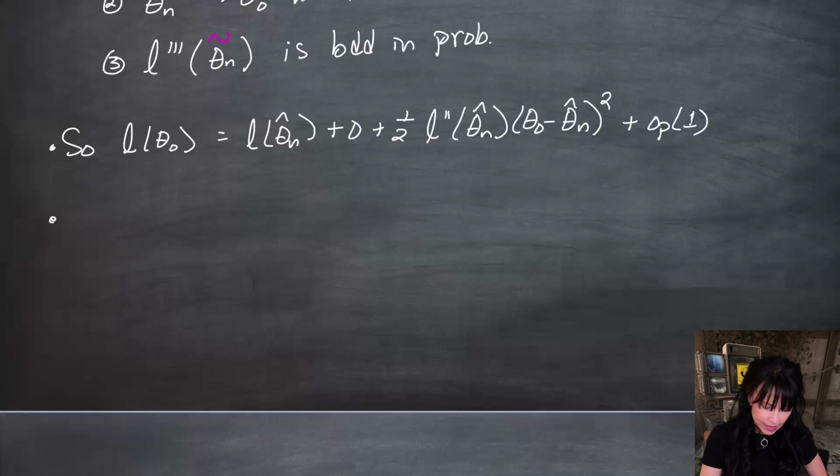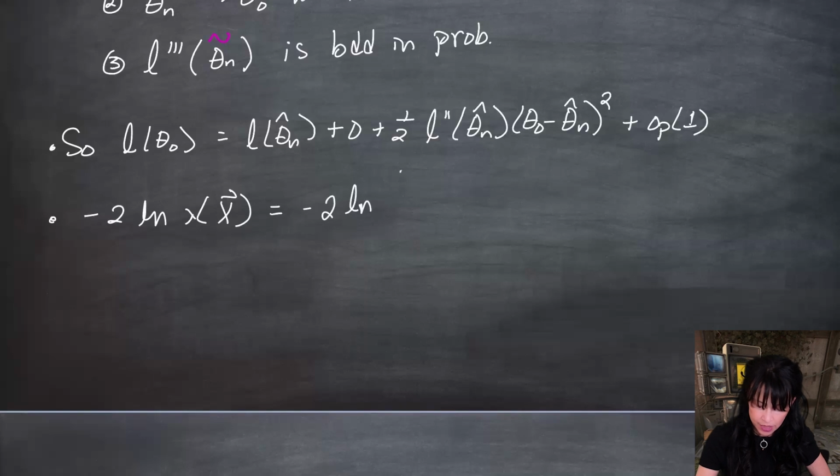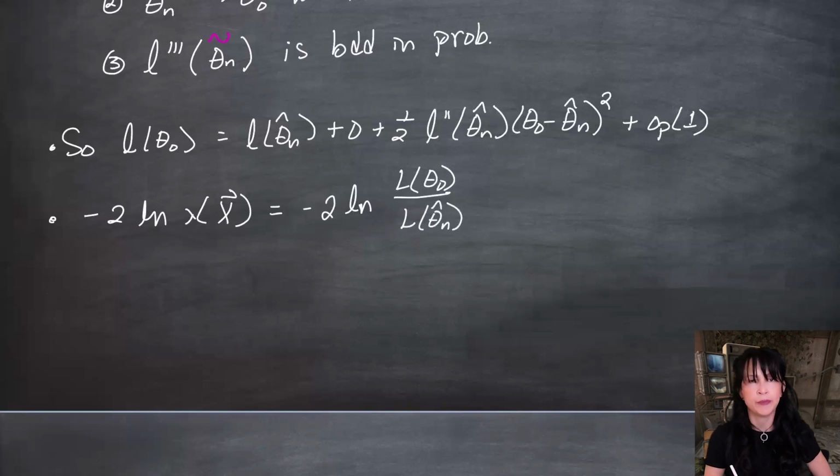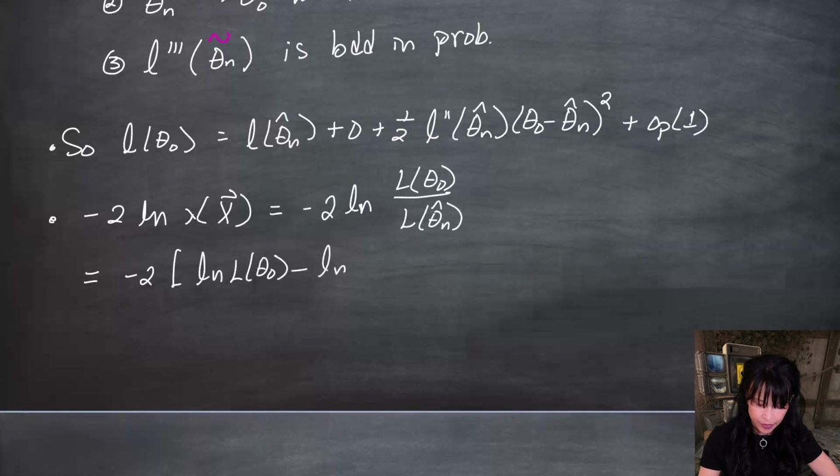Let's look at the thing we want to look at and show it is chi-squared. This is minus 2 times the log of the likelihood ratio at theta naught over theta n hat, restricted MLE over the regular MLE. The log of this ratio is the log of the first one minus the log of the second one. But we have a notation for these things.